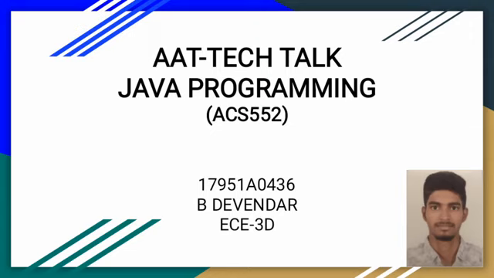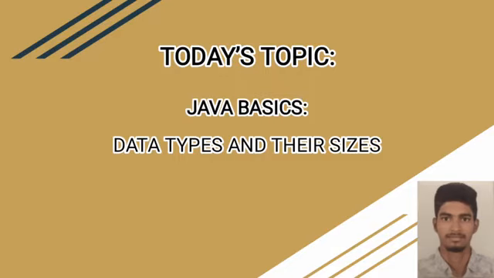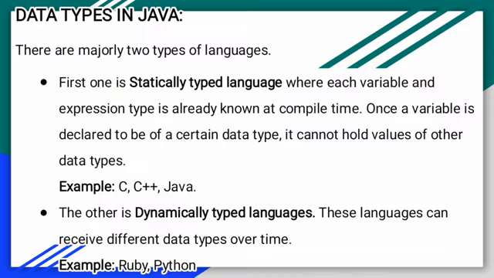In the next slide we are going to introduce the topic name. The topic is data types and their sizes. Data types in Java. There are majorly two types of languages. First one, statically typed, where each variable and expression type is already known at compile time.